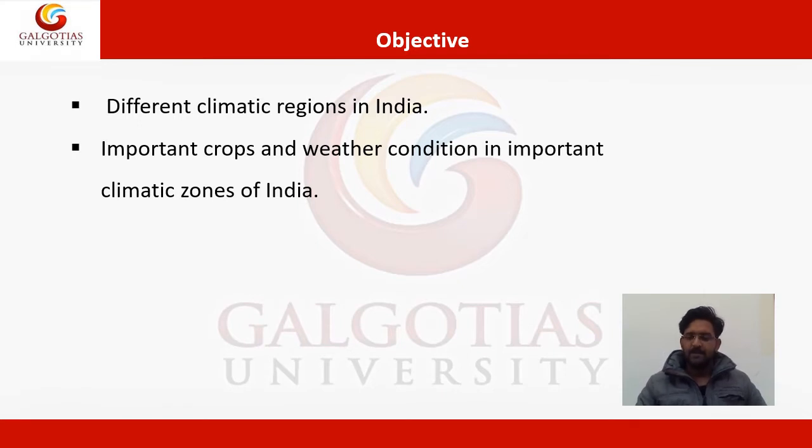Like Delhi and Lucknow, the distance is not more than 600 kilometers, but there is too much difference in the climate condition between Delhi and Lucknow, and when you move from Lucknow to Bihar, again there is a change in the climate condition. So India is a country where there are almost 15 climate zones.